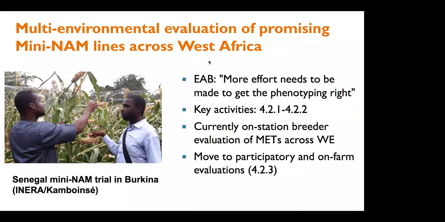Another thing that we've expanded a lot is multi-environment evaluation of the material from the mini-NAM from one. One of the bits of EAB feedback is that more effort needs to be made to get phenotyping right, and we'll talk a lot today about the core breeding activities, but really, it does come down to crossing, selection, phenotyping, right?